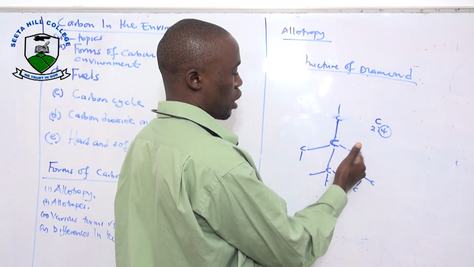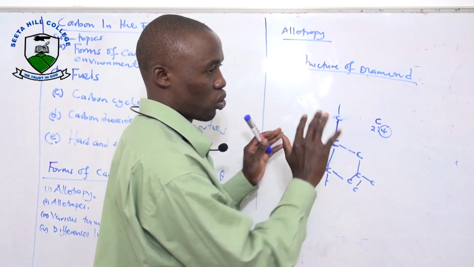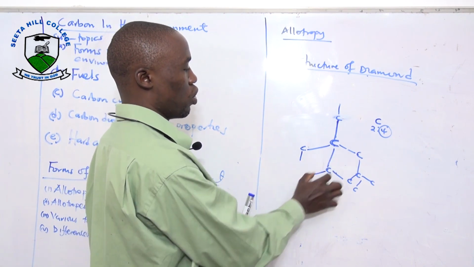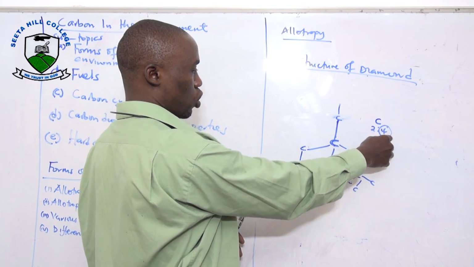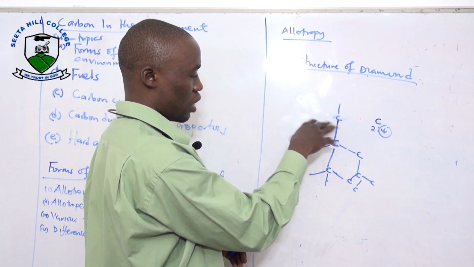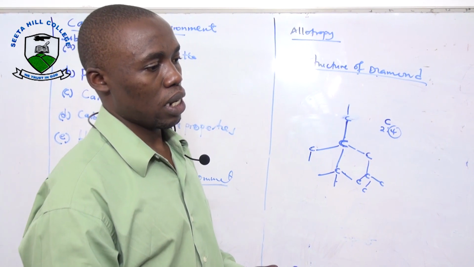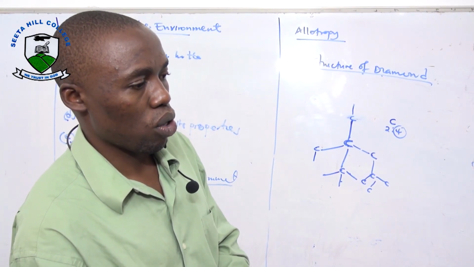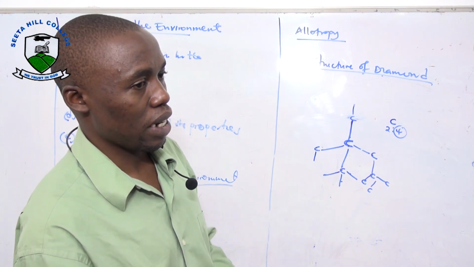We don't have to draw all the bonds because the structure will be so joined up and confusing. Just show a few. Show one carbon center with four neighbors. That means it has absorbed all the electrons. None is left free. So what makes a structure conduct electricity is possession of some free electrons.